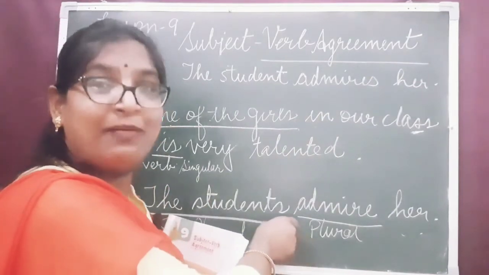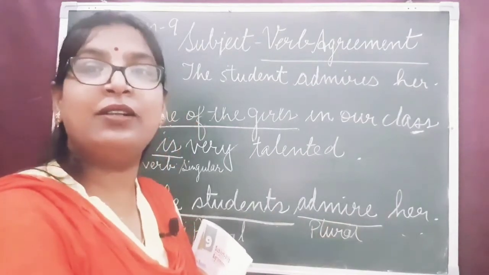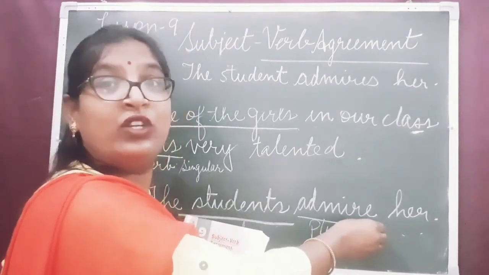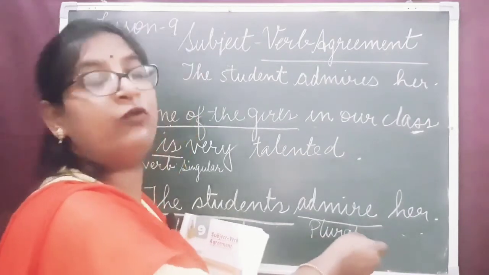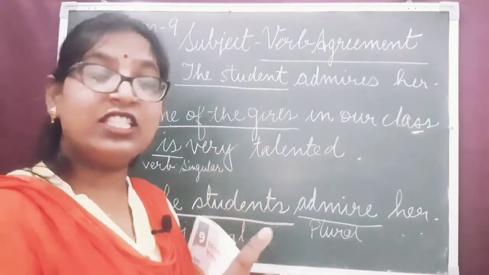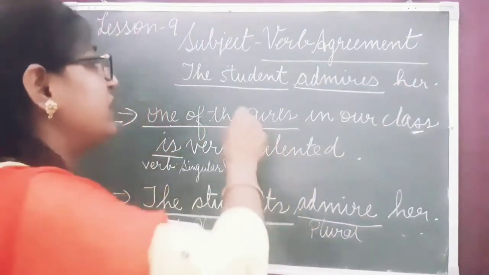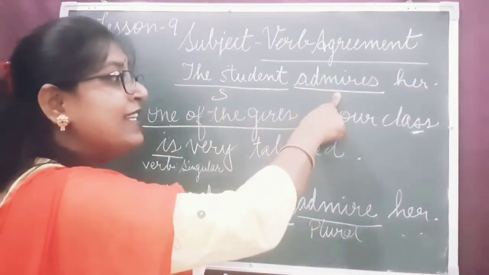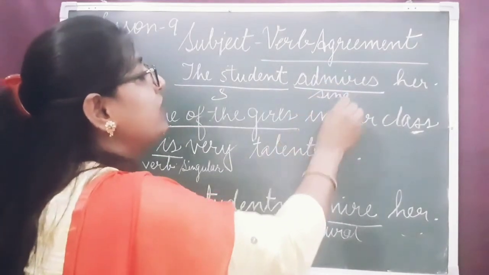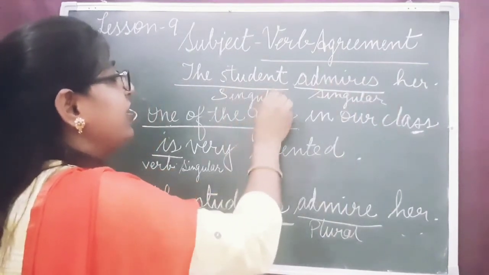Because when the subject is plural, we use the plural form of the verb, and in simple present tense, we do not carry s with it. We use the base form of the verb, and that is the plural form. And when we talk about the singular subject, we add s with the verb. Adding s here doesn't mean it is plural in number. It is also singular in number, and the subject is also singular in number.